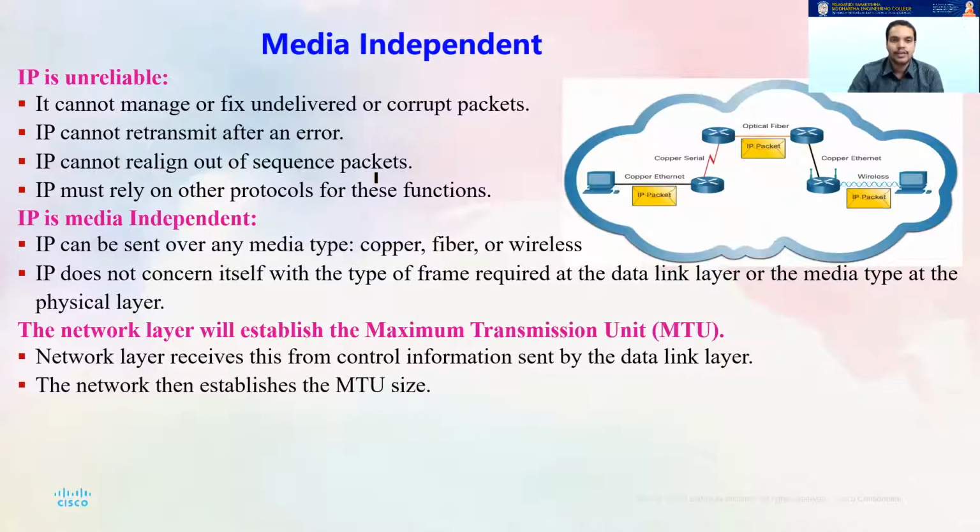And last but not the least, it also establishes the maximum transmission unit, MTU. MTU is nothing but the maximum size permissible for a packet. In case the segment given by your transport layer is larger than the MTU, then it actually breaks it into smaller pieces, fragments. These fragments are numbered and sent, and at the receiver, all these fragments are reassembled together.